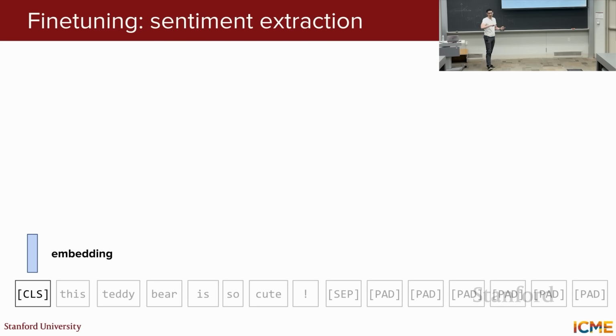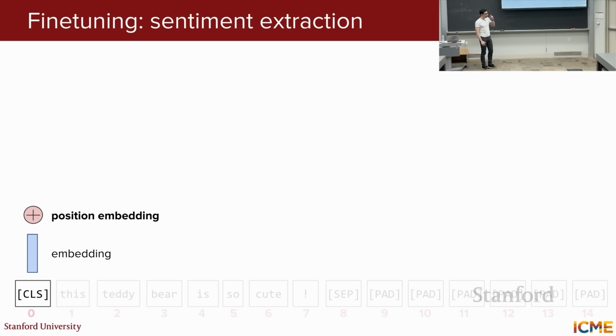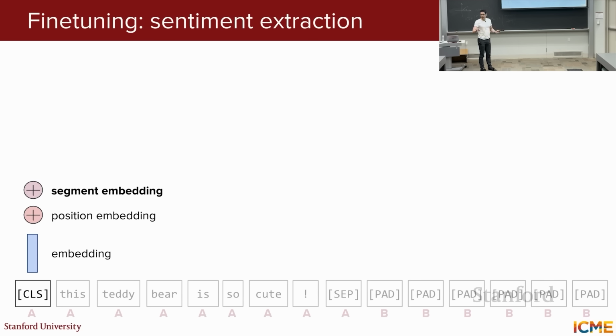So let's have this deep dive, a bit the same as what we had in the transformer deep dive last time. You have the embeddings that are learned, like some huge lookup table between the index of each token and a learned representation. You add to it the position embedding of the token, and something that's new here, the segment embedding.